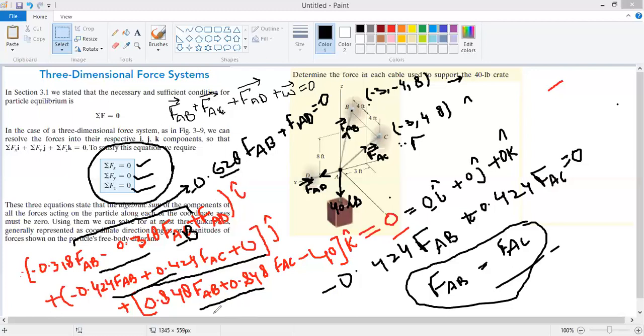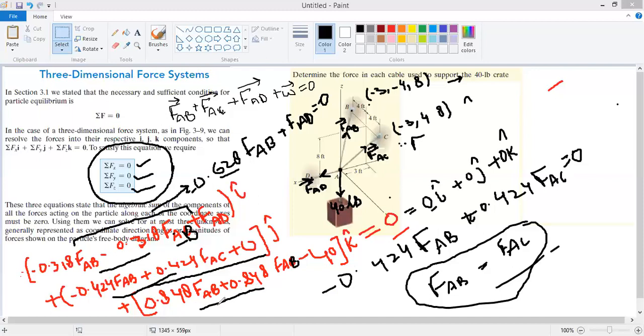Now FAB and FAC from this equation are the same, FAB is equal to FAC. So we have 0.848 FAB plus 0.848 FAC minus 40 equal to 0. From these two equations, we can substitute FAB in place of FAC.